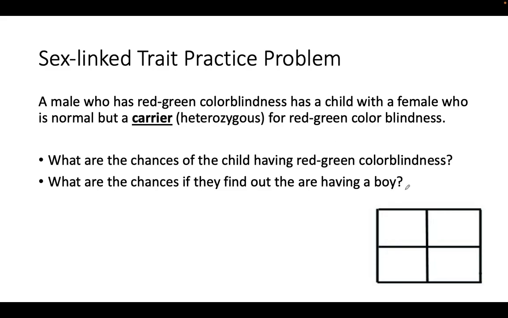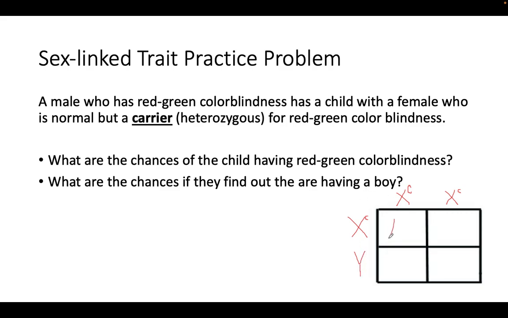So if we go our X, and she is a carrier, so we're going to have a big C, and we're going to have a little c. And then on our male, we're going to have a little c and our Y.